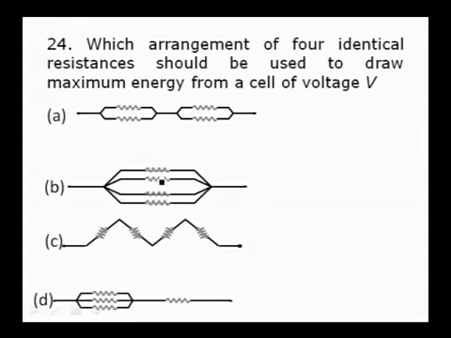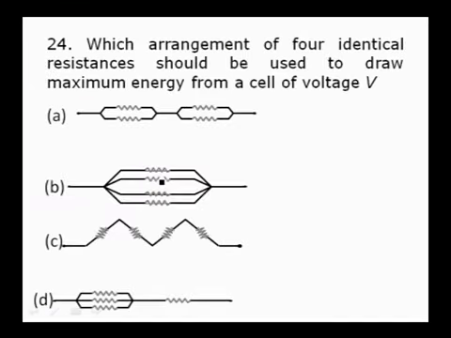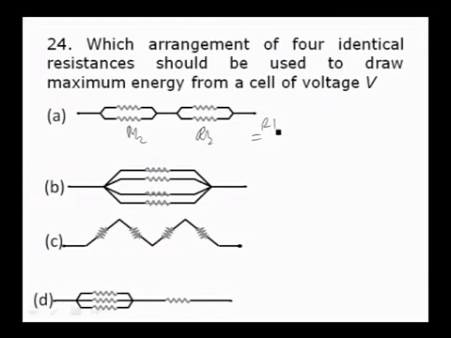The maximum energy from a cell of voltage V. Maximum energy means there is a condition: for maximum energy, the equivalent resistance of the combination should be the minimum. See, among the 4 combinations, in which combination are we getting the minimum effective resistance? Here we are getting R by 2, then R by 2 plus R by 2, which is more.